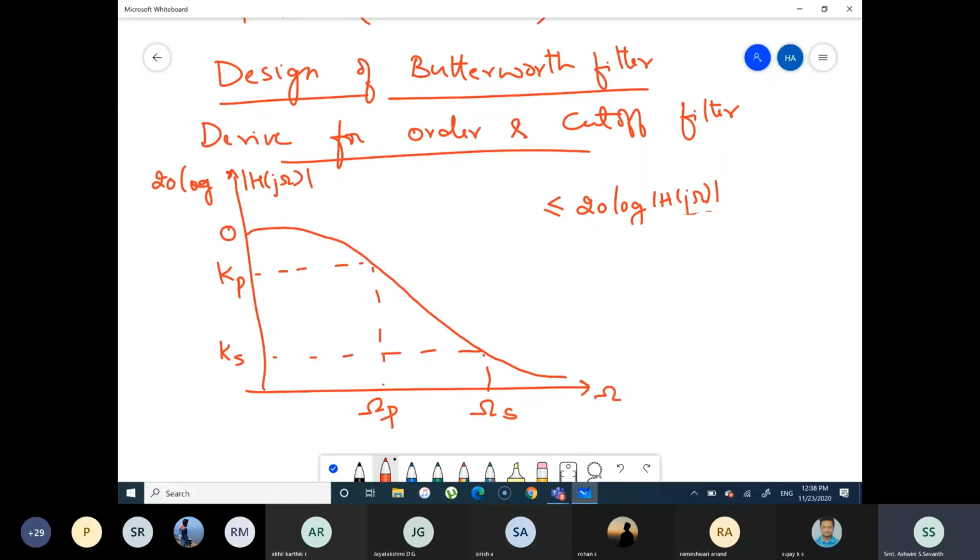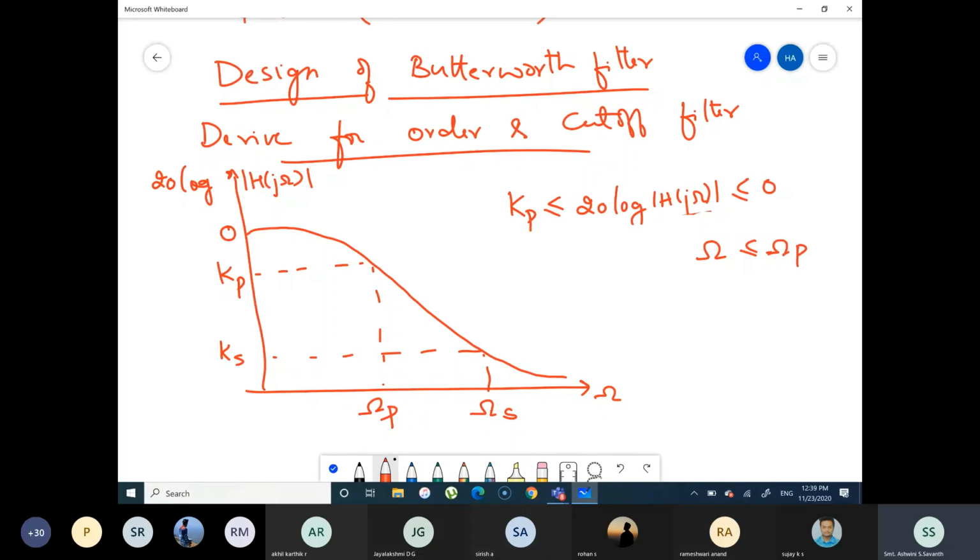So 20 log magnitude of H of j omega lies between 0 and Kp, isn't it? The pass band magnitudes are between 0 and Kp. And where is this? For magnitude of omega less than or equal to omega p, that is in the pass band.